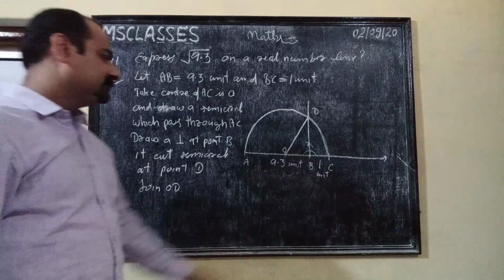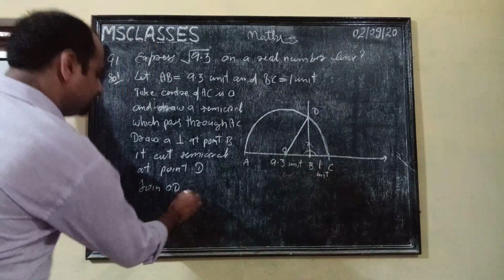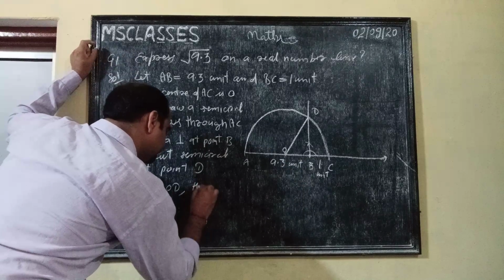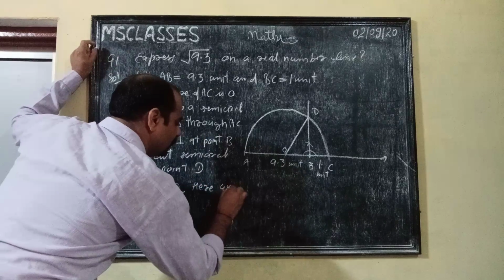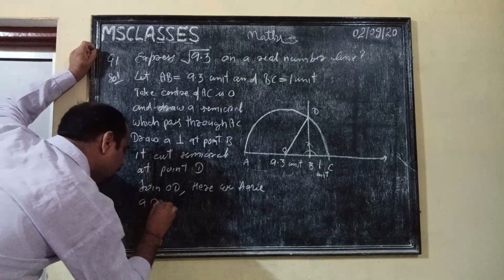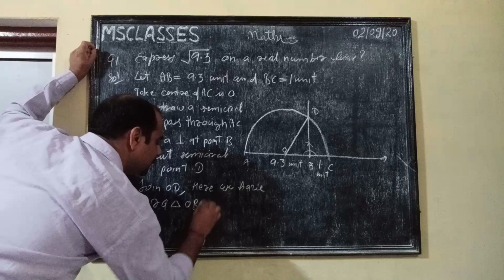Now you have a triangle OBD. This is right angle triangle. Here we have a triangle, a right angle triangle OBD.